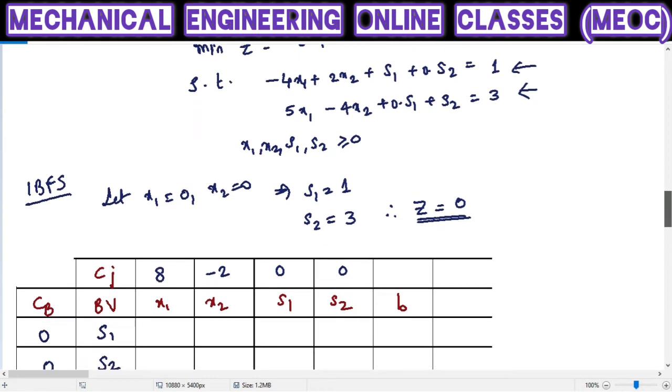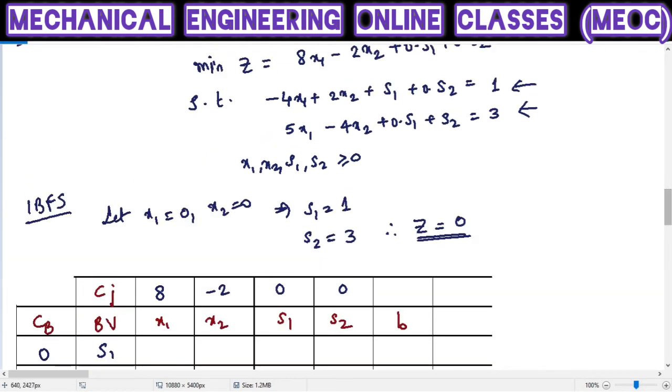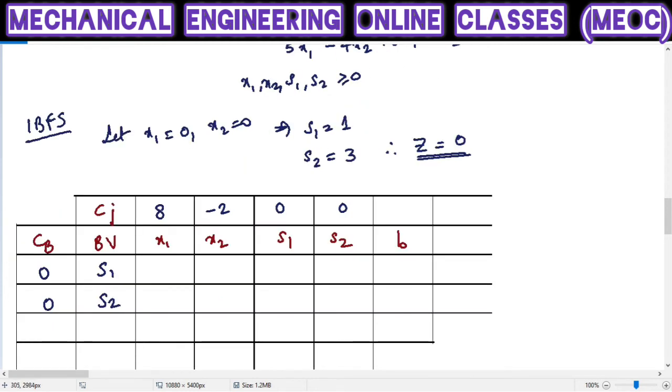S1, S2 are making an identity matrix. You can see it here. So it is minus 4, 2, 1, 0, 1. This is 5, minus 4, 0, 1 and 3.